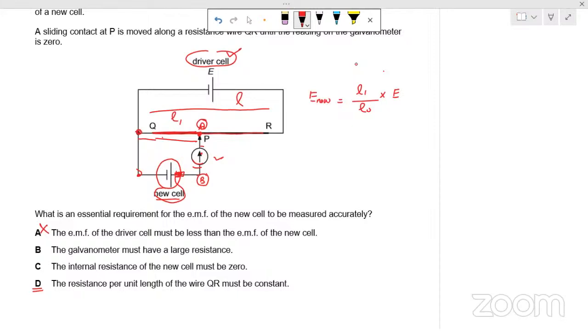If the resistance per unit length of the wire is not constant, then we will not be able to use this expression. Okay. So then D is the essential requirement for this question.